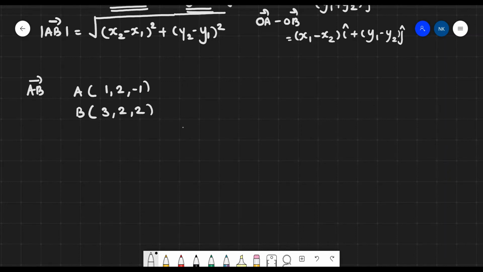You need to get the magnitude of AB. You need to do this as your homework question number 1 for the day. Is that okay? Fine.